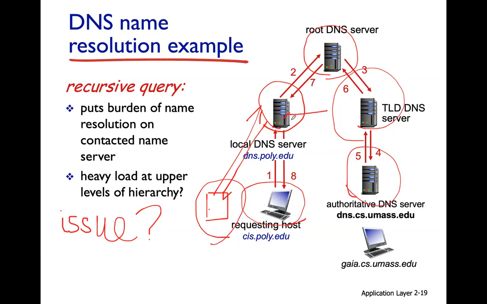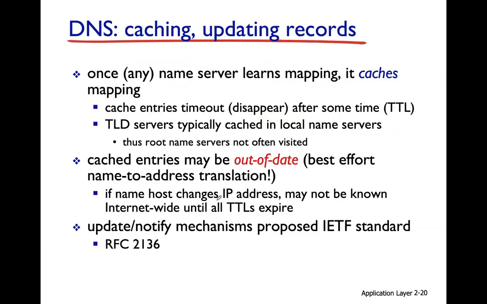What if I can store the information for a while so that it will be reused? Then this one will be stored, and the next time another user wants to get the same place, the local DNS server can serve it directly and give the IP address.